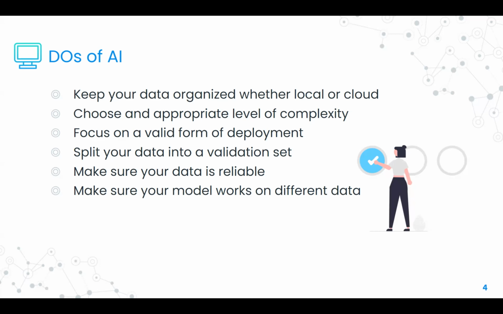And then finally, make sure your model works on different types of data. This basically means that if you are trying to create software that can help someone decide what to wear based on the weather, for example, all your training data will be able to teach your model basically everything that you need, but then you have to make sure that the model also performs with what your final user will be inputting as data.